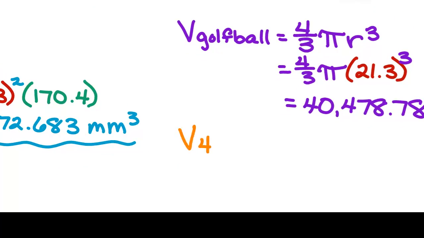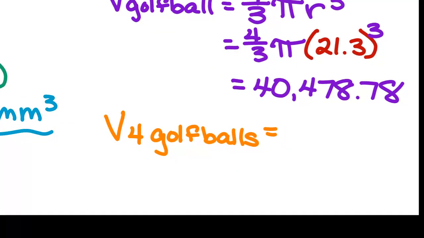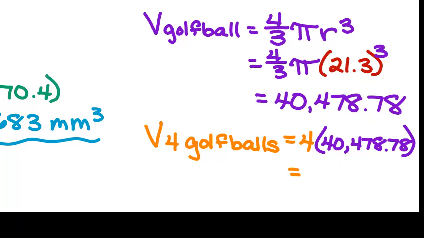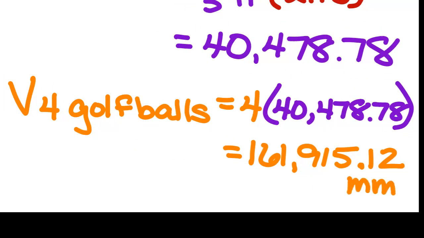So then the volume for 4 golf balls, I would do 4 times 40,478.78, and that gives us what? 161,915.12, and that would be millimeters cubed.